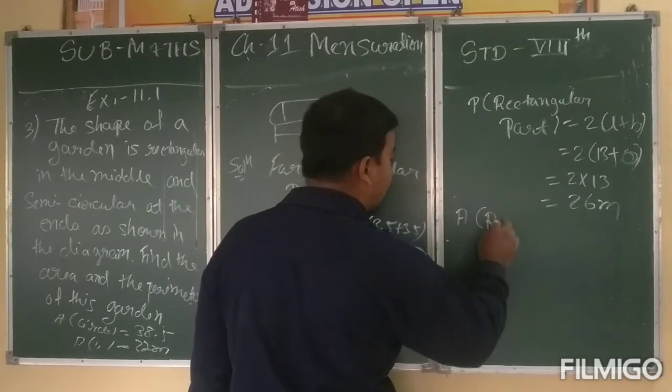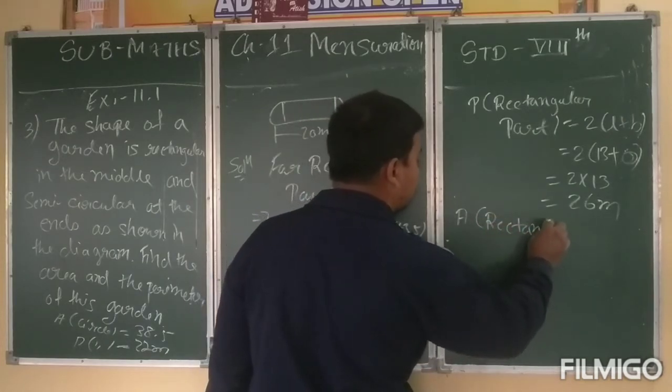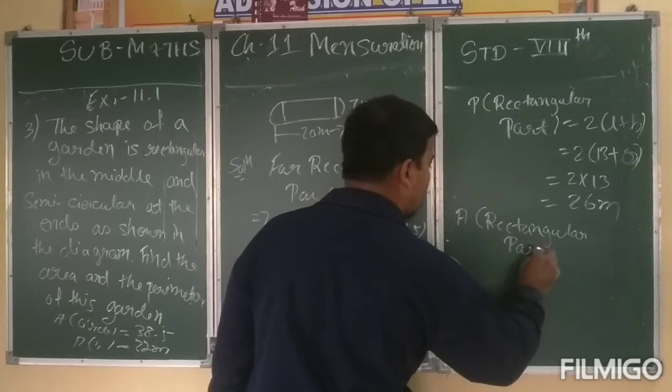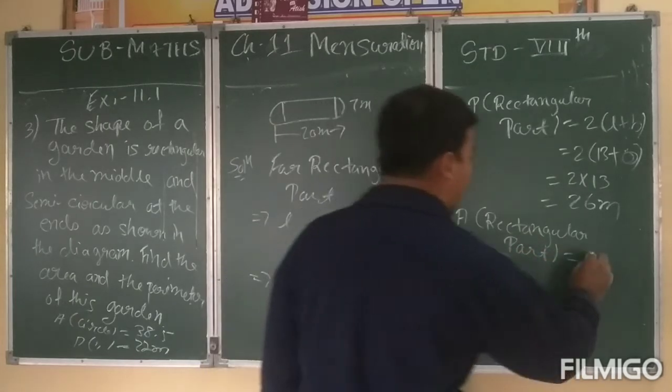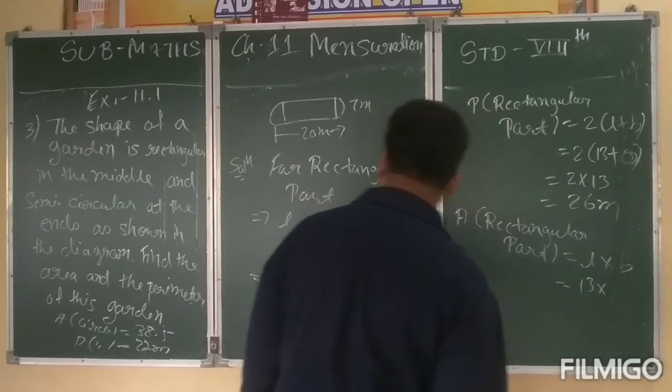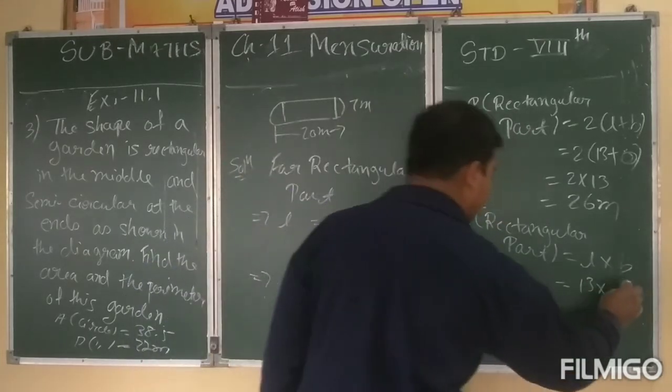Then the area of the rectangular part is L into B. Length is 13 and breadth is 7.